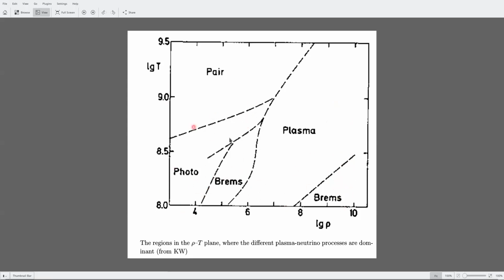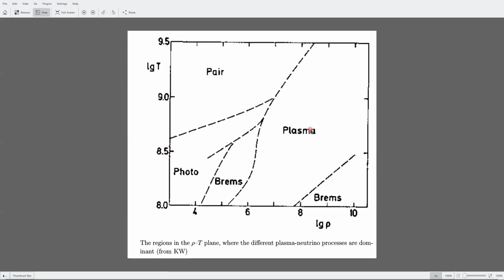But the mean, here below the log, is 300 million or so Kelvin. From here, the main production is by pair or plasma, depending on the density.